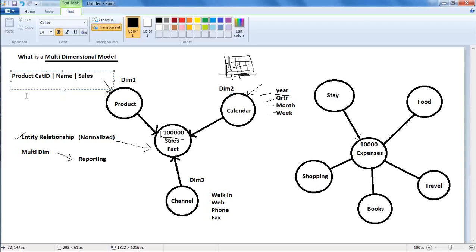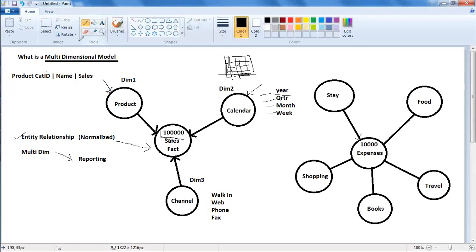So my category information is just a matter of 20 rows, whereas the sales information that I need to analyze is a million rows.